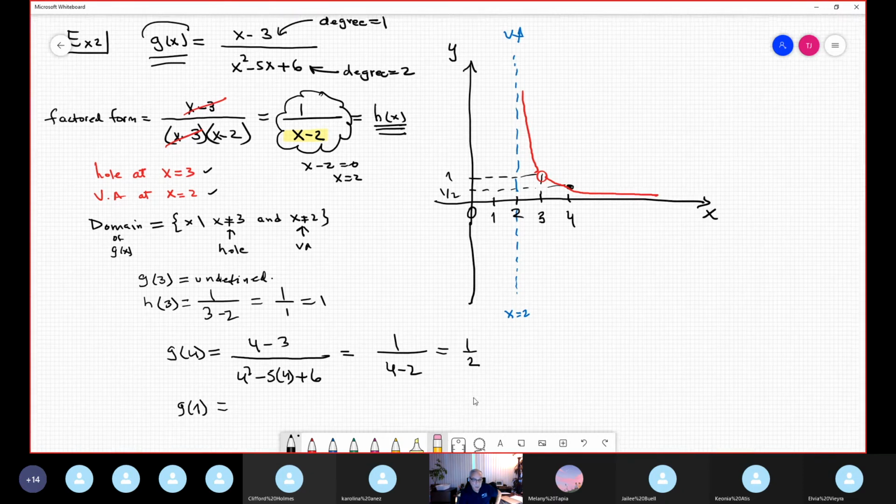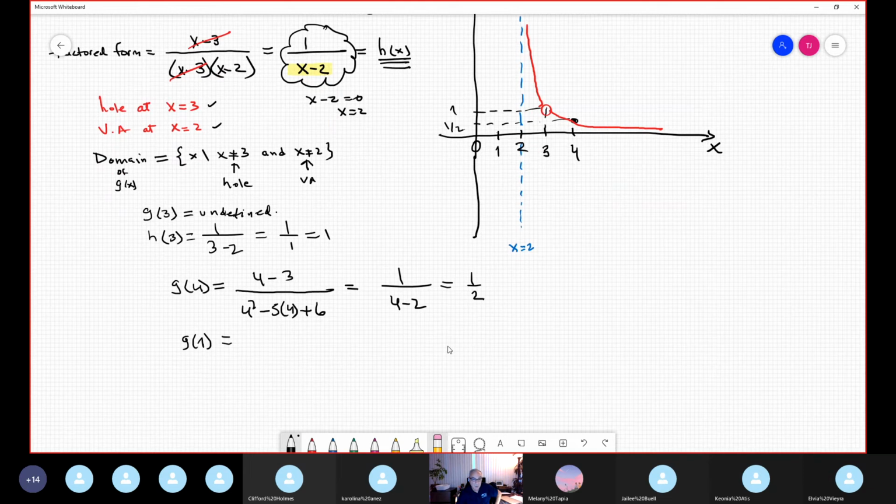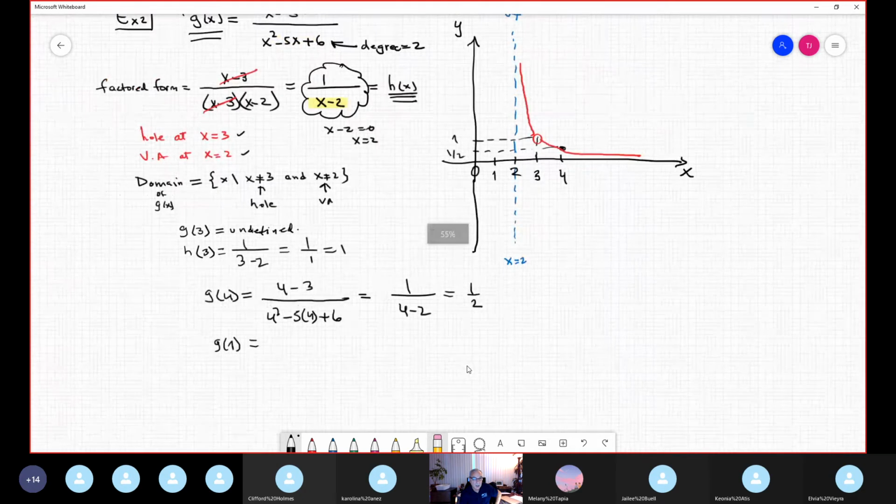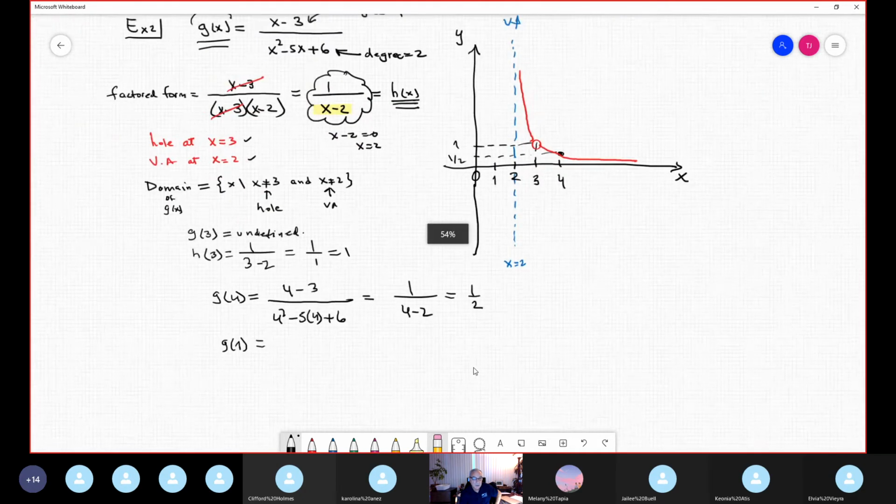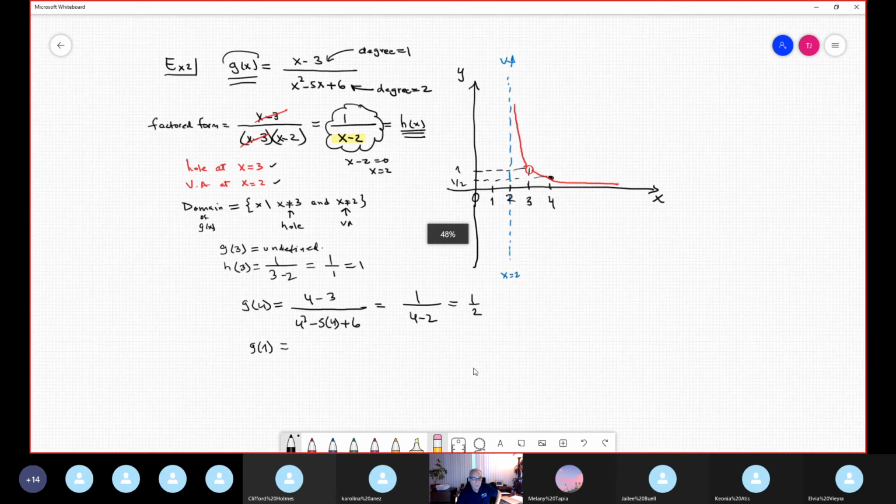So it is 1 minus 3 over... the original has plus 6, but it is more comfortable doing it in this form, which is 1 minus 2, which is -1. So 1 over -1 is -1. Wow, it's -1. So at 1 the y value is -1, here.